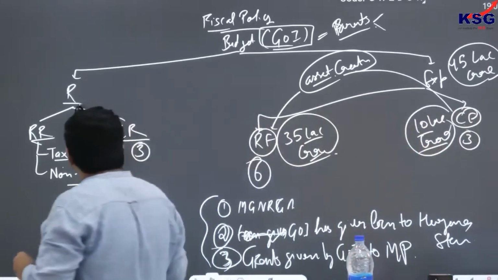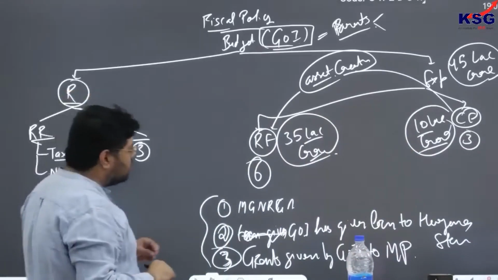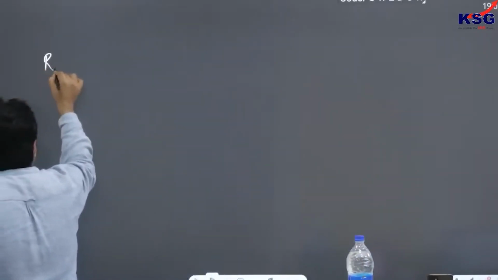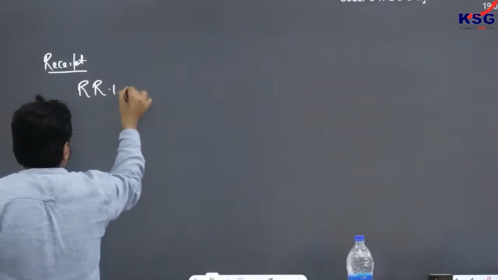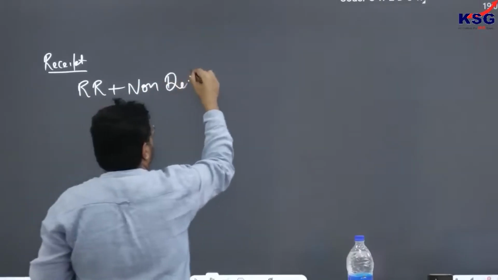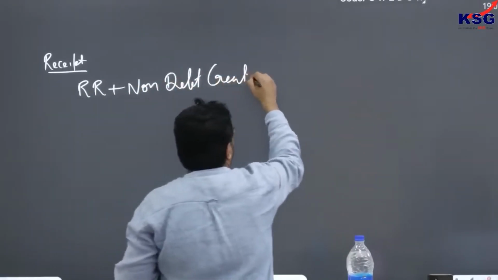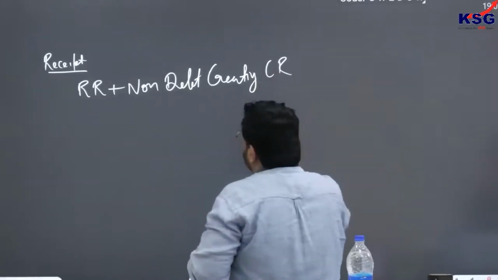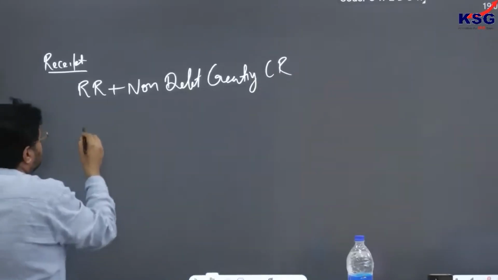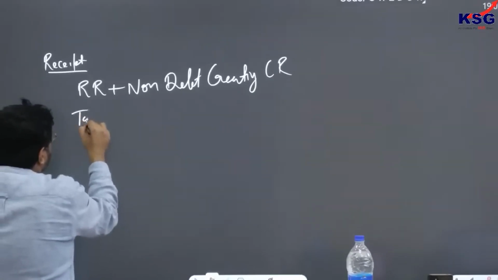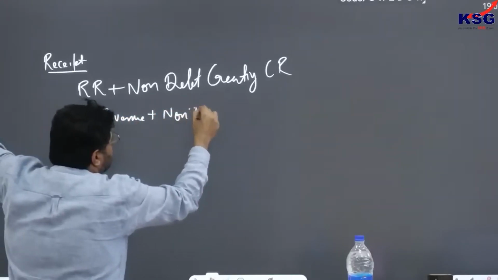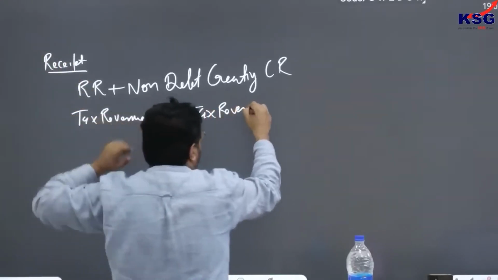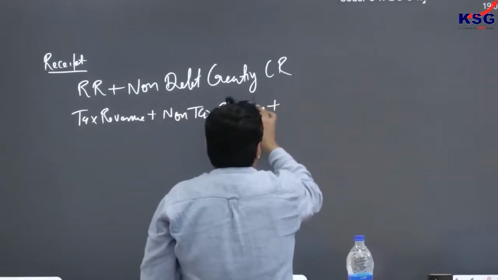But if you see your receipts, it means my receipts are nothing but revenue receipt plus non-debt creating capital receipt. Or if I further break it, these receipts are nothing but tax revenue plus non-tax revenue plus non-debt creating capital receipts.